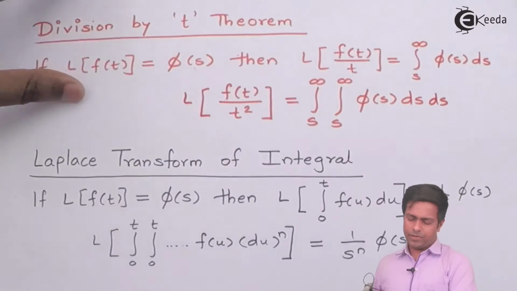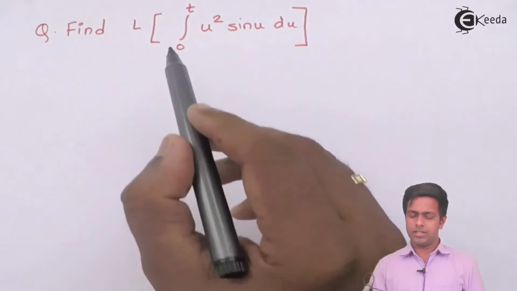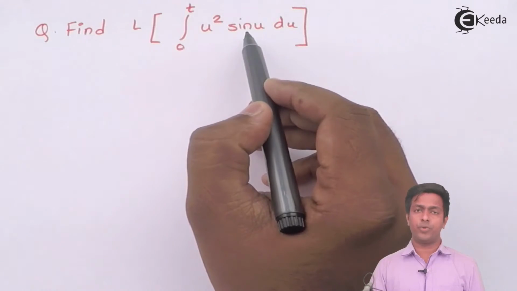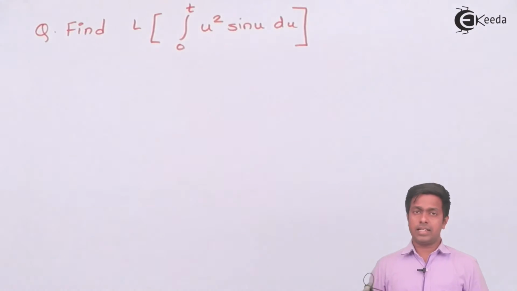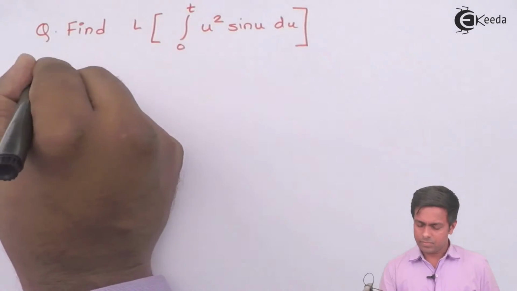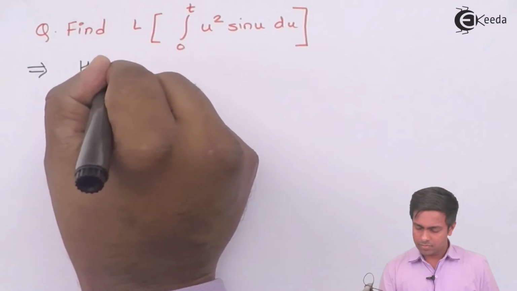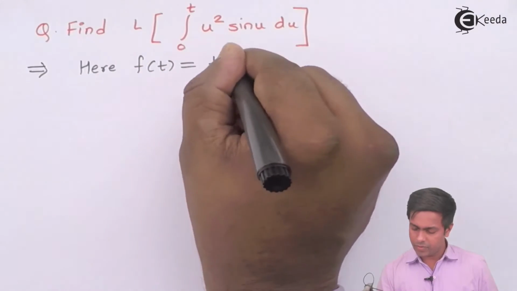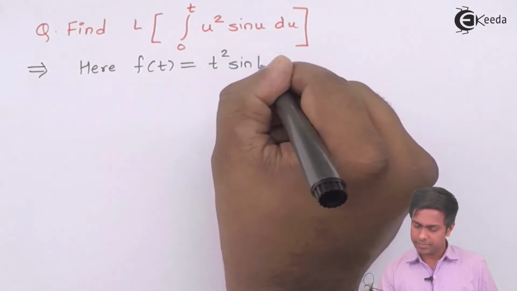So guys, if you see here, then 0 to t and this u square sin u, I can call it as f of u. So as I said, we are gonna treat that f of u as f of t only. So here I'll say f of u or f of t is t square sin t.